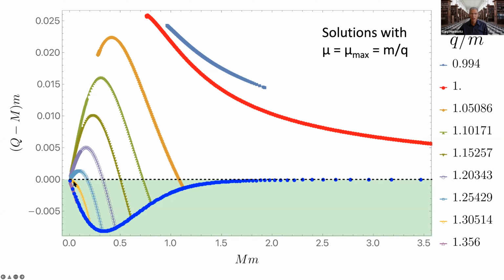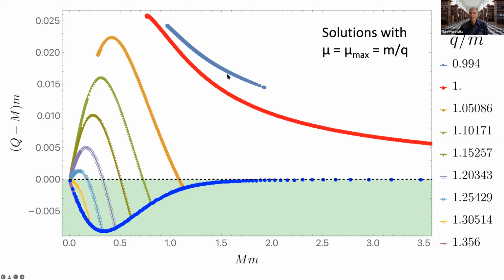And as soon as you get down to a charge to mass ratio of 1.3 or so, the maximum charge the hairy black hole can carry is less than the maximum charge of Reissner-Nordström. So once you get to those parameters, the maximum charge and the maximal, extremal black hole, is going to be the usual extremal Reissner-Nordström.